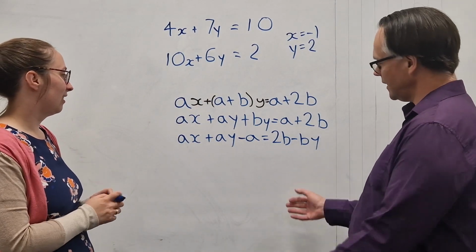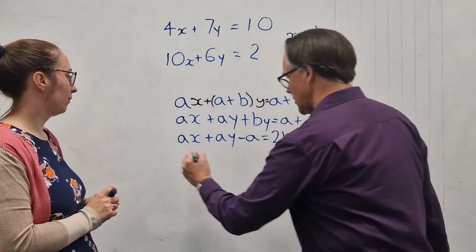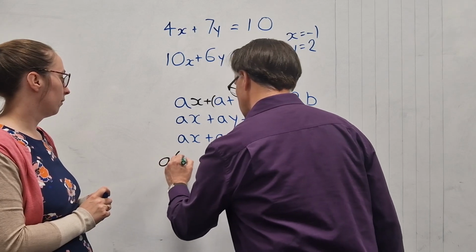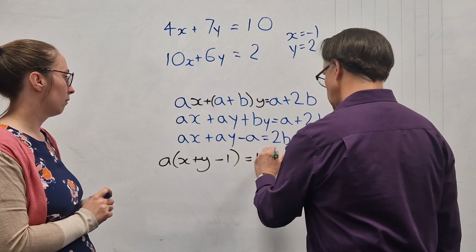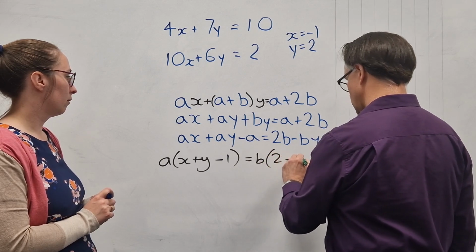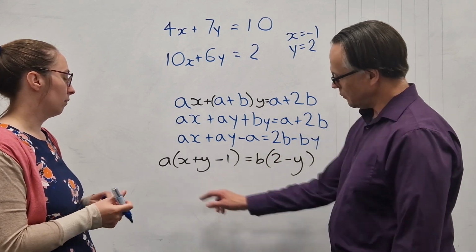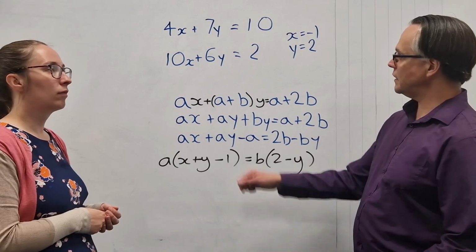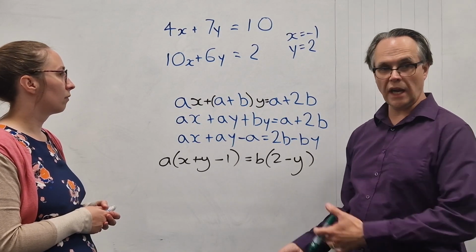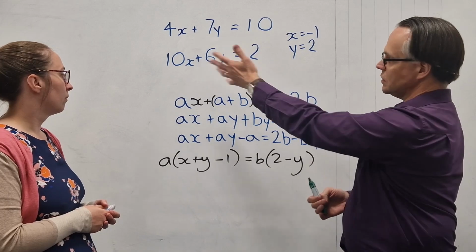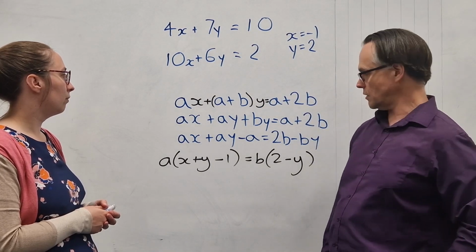So if we factorise this now, if we take a out on this side and we take b out on this side, we end up with this equation. Now remember that a and b are the two things that change in all the different equations that we could make that have this structure.